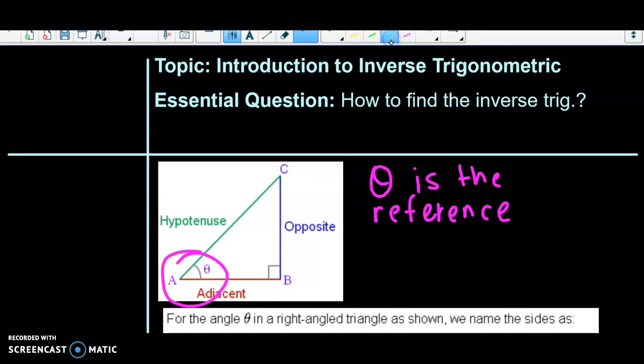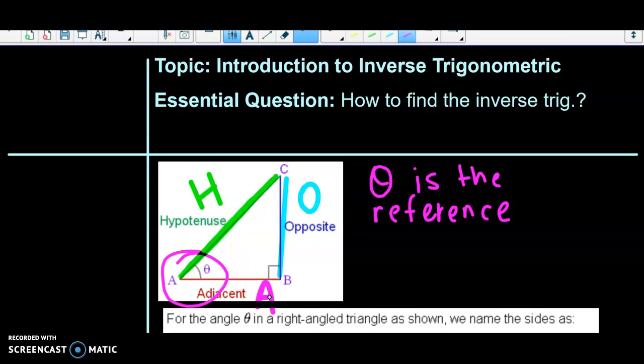So if you notice, it's this angle. This is opposite. So right away, I always end up saying to students, label your hypotenuse, because your hypotenuse is always your longest segment and the one with the longest length. Okay, so once you label the hypotenuse, which is directly across the right angle, label it with H for hypotenuse, then label your opposite O, and then the last one you're going to label is A for adjacent.